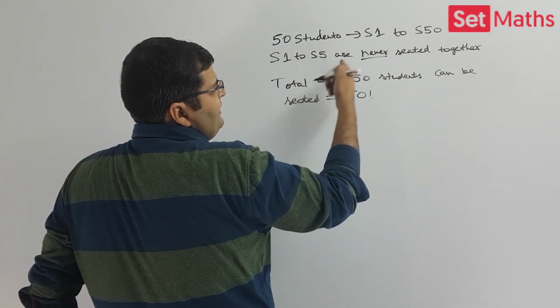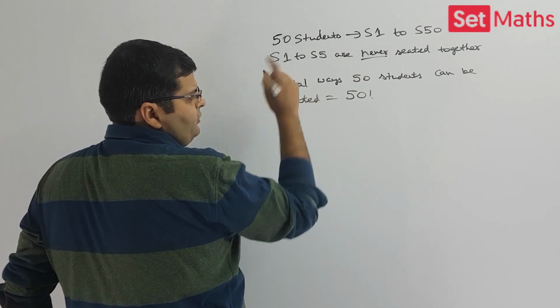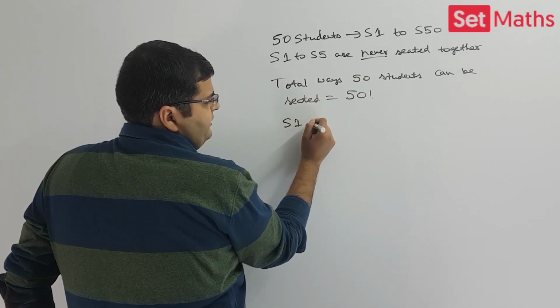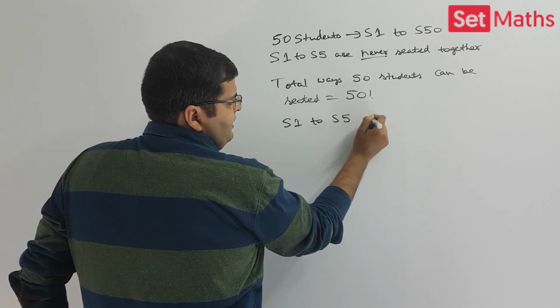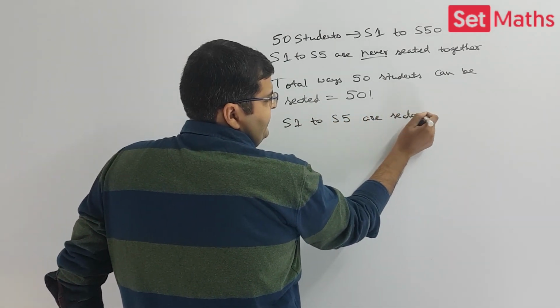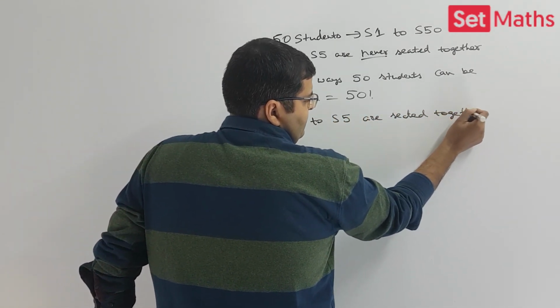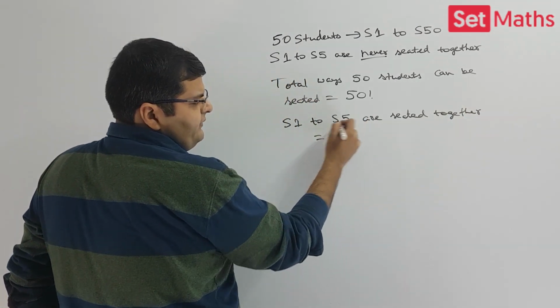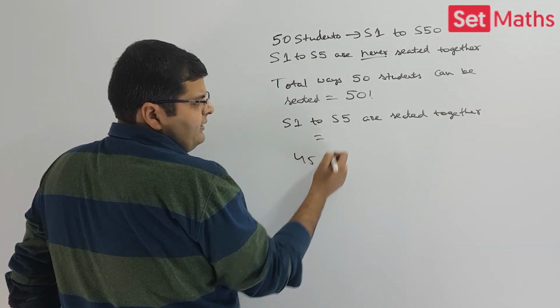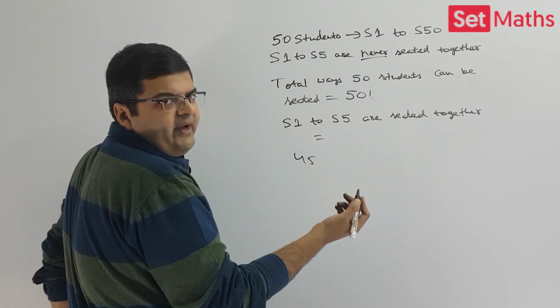Now, if I take all of these 5 students to be together, so if S1 to S5 are seated together, there will be 45 students remaining, plus there will be a group of these 5 students.